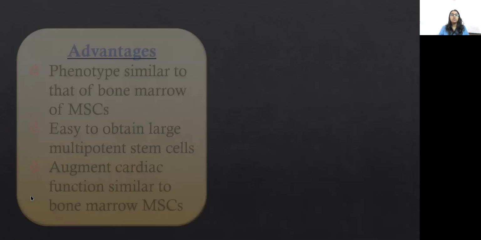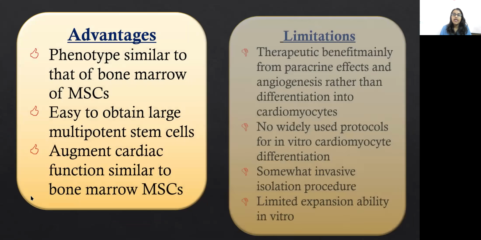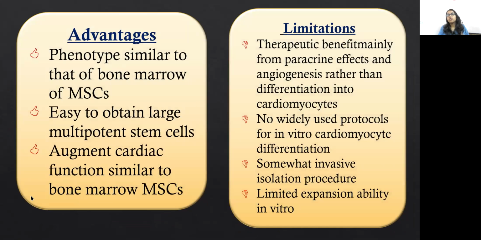Next we come to advantages and limitations. Again, mesenchymal stem cells were one of the potential options, and adipose tissue is readily available. Mesenchymal stem cells had some limitations, and now adipose tissue also has some limitations. First we look at the advantages.